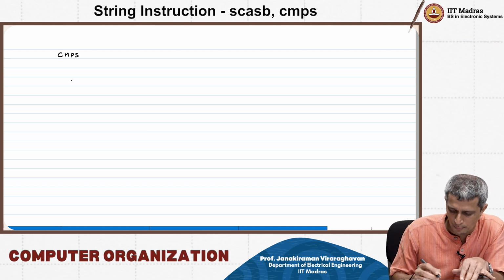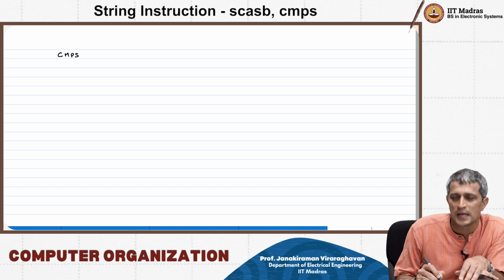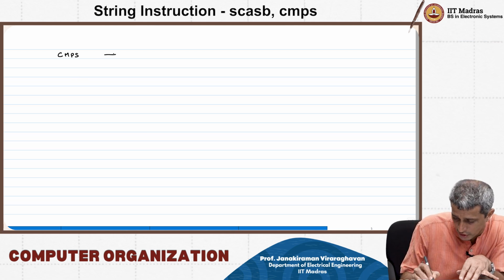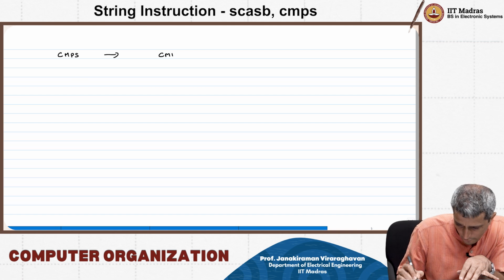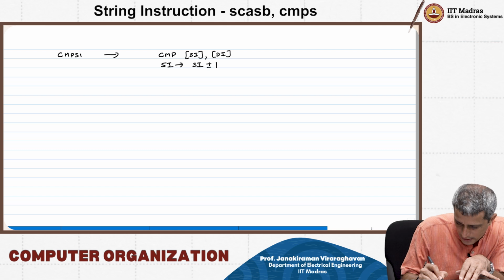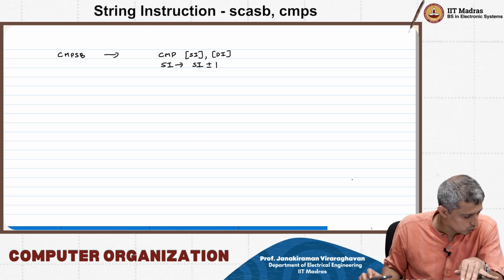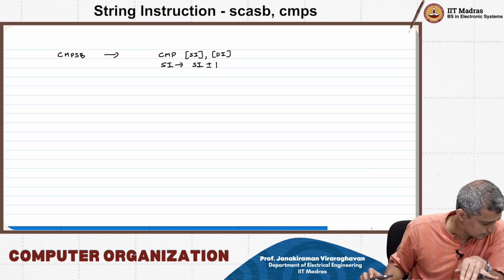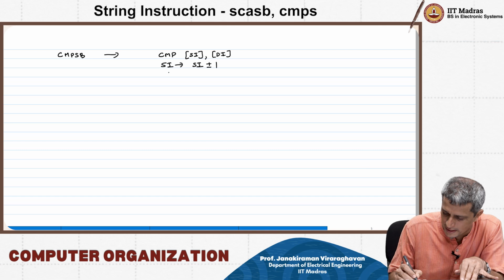So CMPS is going to effectively compare contents of SI with contents of DI, and then SI will be SI plus or minus 1, again CMPS B. We are going to do compare byte or compare word or compare D word.